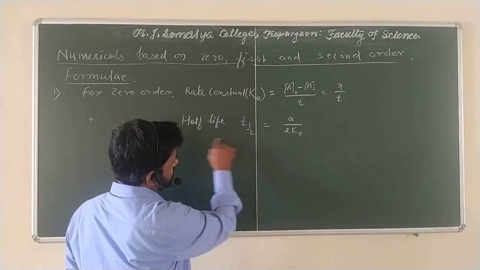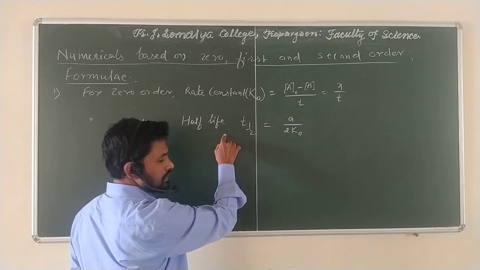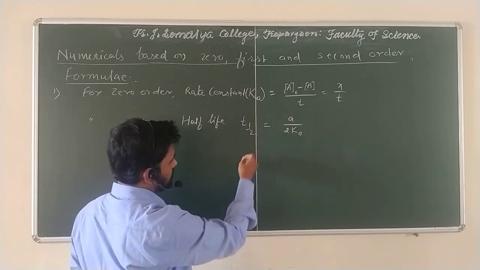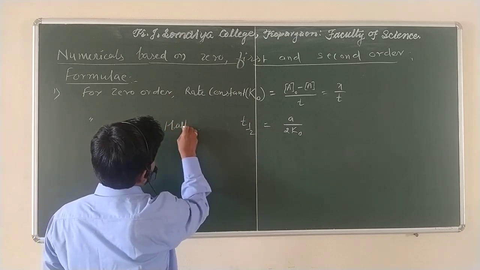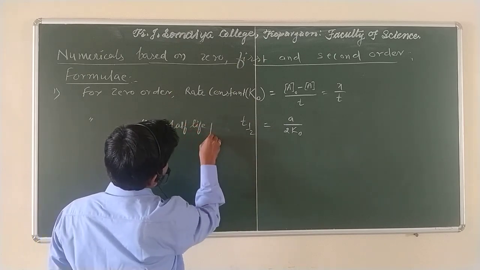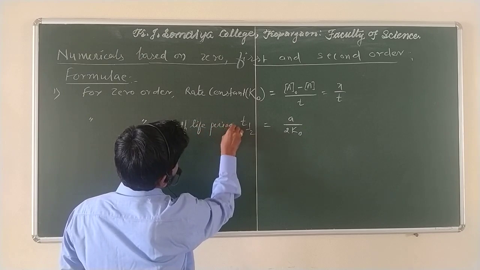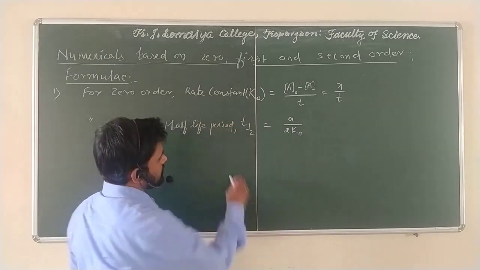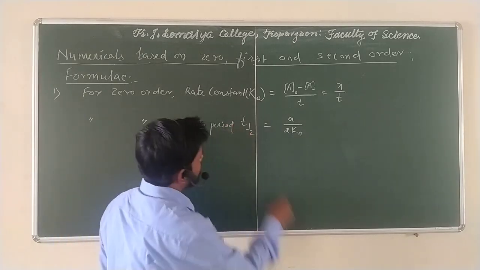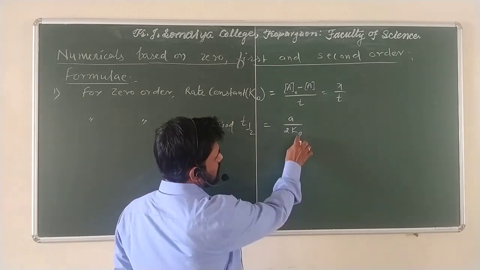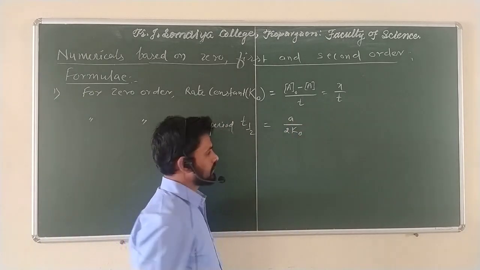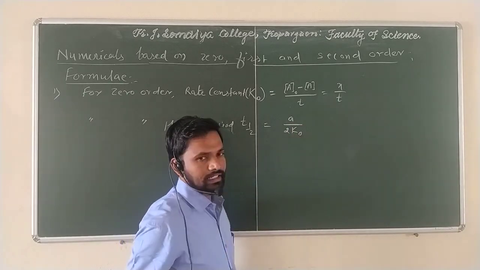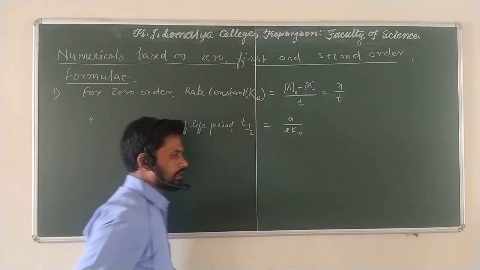This is the half-life period. T half equal to A upon 2K0. What is A? A is the initial concentration of that reaction. K0 is the rate constant for zero order reaction.